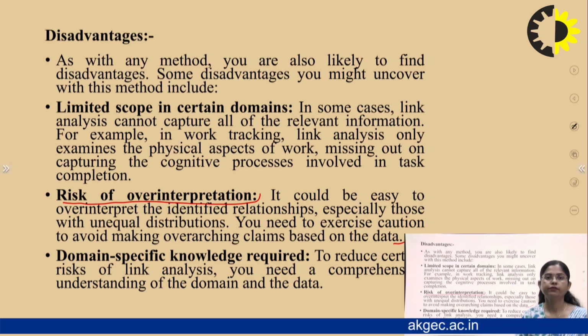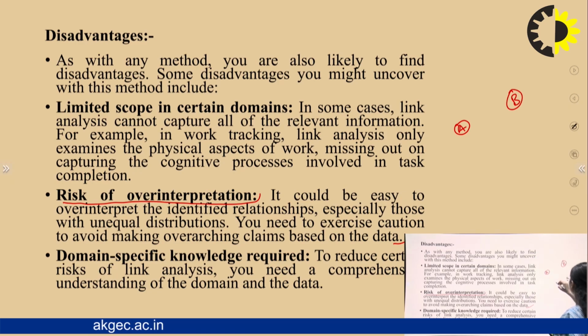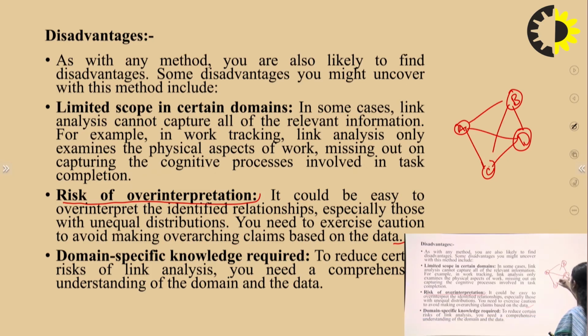For example, if the data is very much connected, if one particular node or vertex is connected to many of the nodes, here you can see only three or four nodes, but in real life there are billions and trillions of data points which are interconnected to each other.